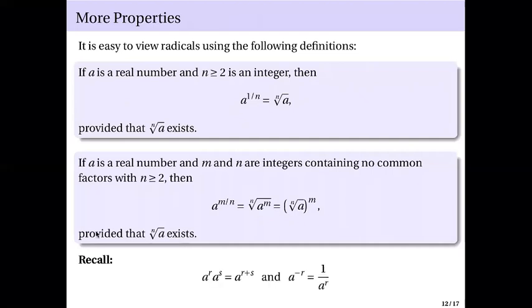So if you recall, a to the r times a to the s is equal to a raised to r plus s. And a raised to negative r is equal to 1 over a to the r. If you have fractional exponents, these properties still hold.